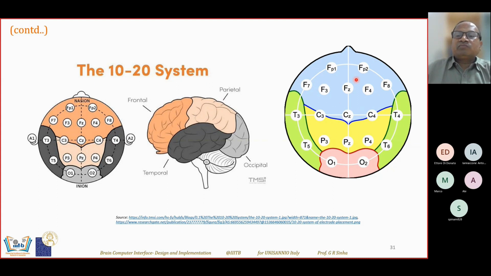Here there is the center, then 1, 3, 7 are the odd numbers on this side, and 2, 4, 8 are the even numbers on this side. Similarly, the yellow colored area is the parietal area, and the light blue and light pink colored area is the occipital area.